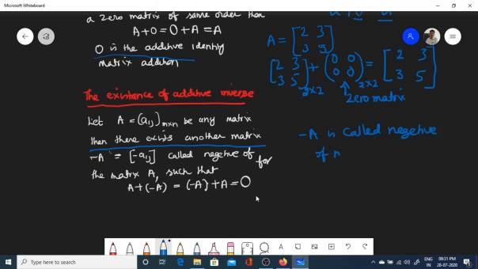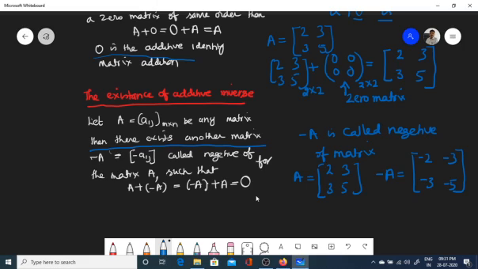So if A is the matrix 2 3 3 5, then we write minus A by multiplying all the elements of A by minus 1, that is minus 2, minus 3, minus 3, minus 5. This is called the negative of the matrix.